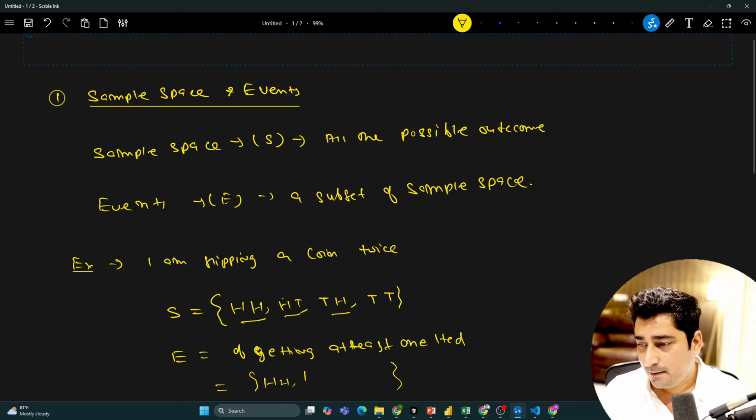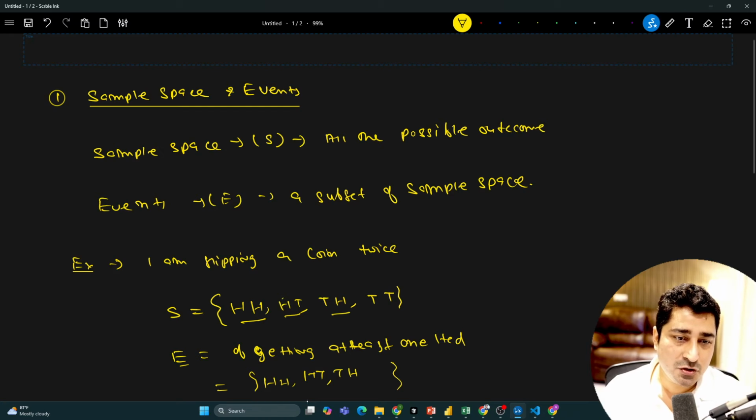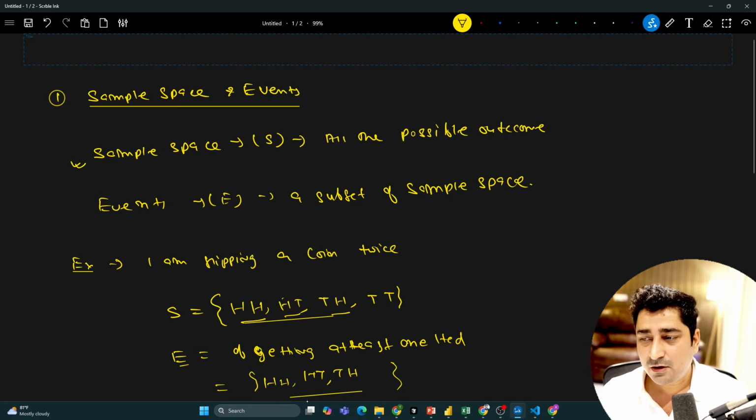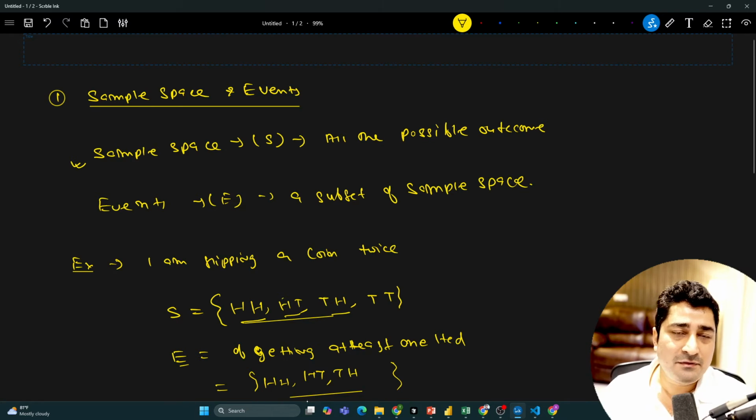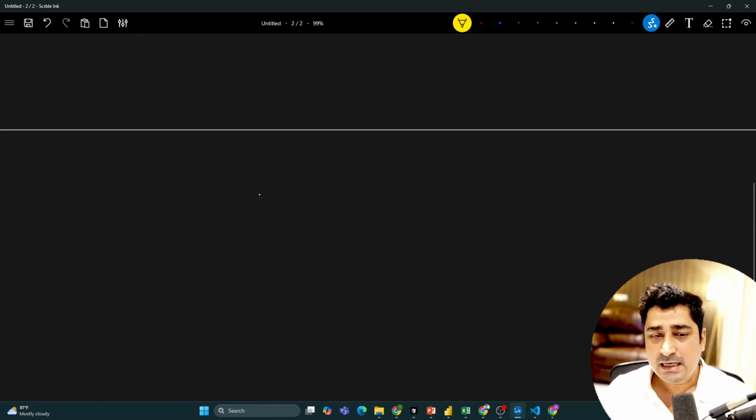So head, head, then head, tail, and then tail, head. This is going to be my event. So we are able to understand what the sample space is. Sample space means all the possible outcomes, as simple as that. And event means a subset of the sample space. As you can see, this is nothing but a subset of the sample space which I have created over here. So hope all of you are able to understand the meaning of a sample space and the meaning of an event.